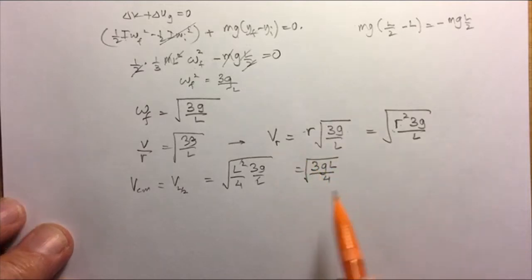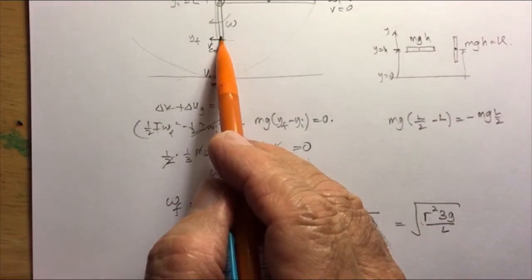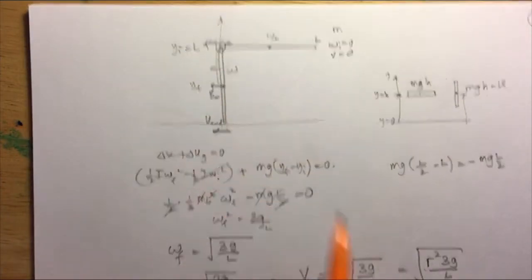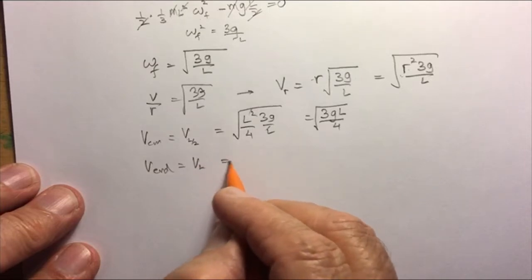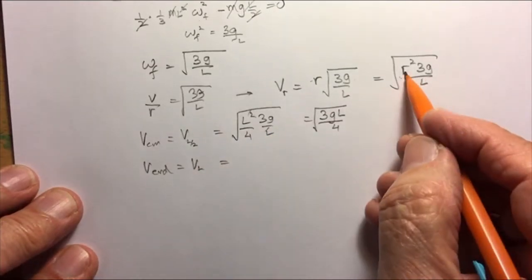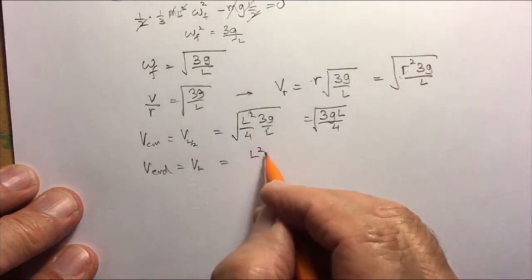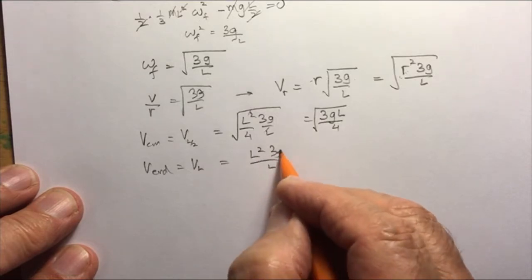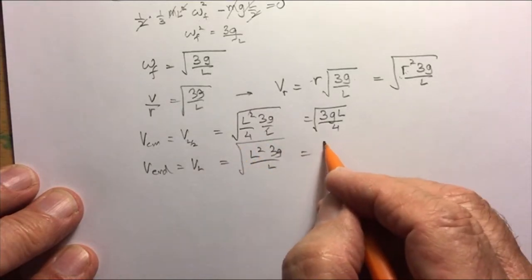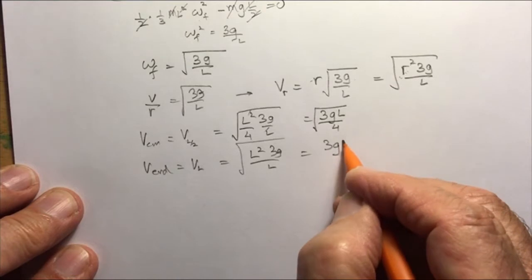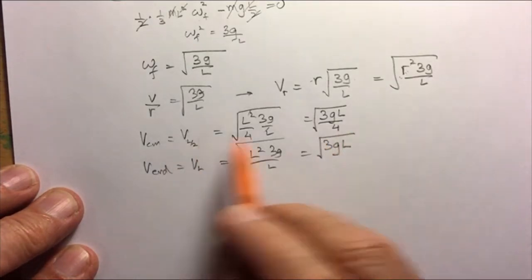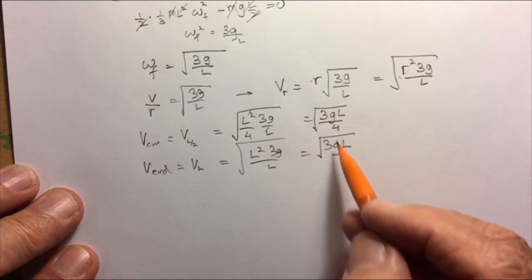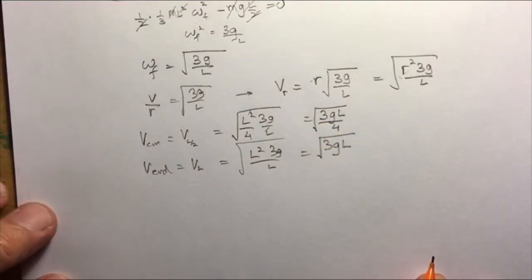This becomes the velocity at that point. Now the velocity at the end is going to be v at L, and so this becomes L squared times 3g over L, which is 3gL. This is 3gL by 4, so this is half of this value, which seems reasonable.